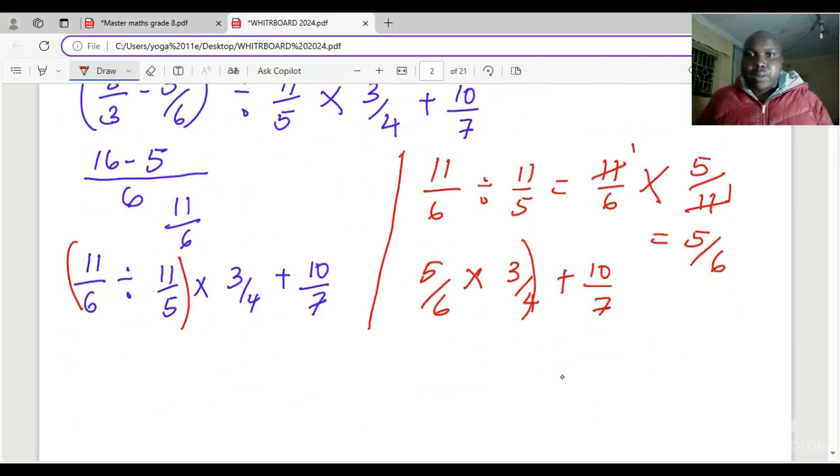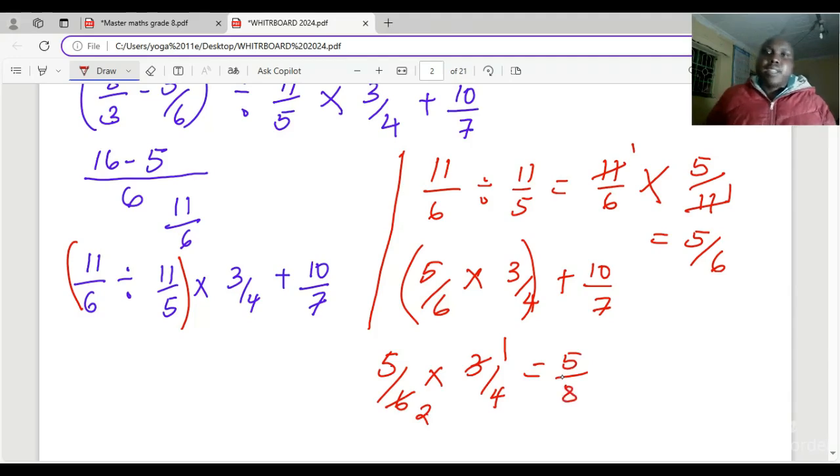So we are going to multiply this and this. Now 5 over 6 times 3 over 4. 3 once, 3 here twice. So 5 times 1, 5 over 2 times 4, 8. And then finally plus 10 over 7.